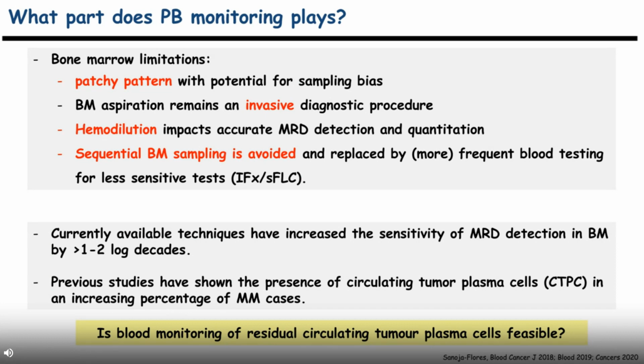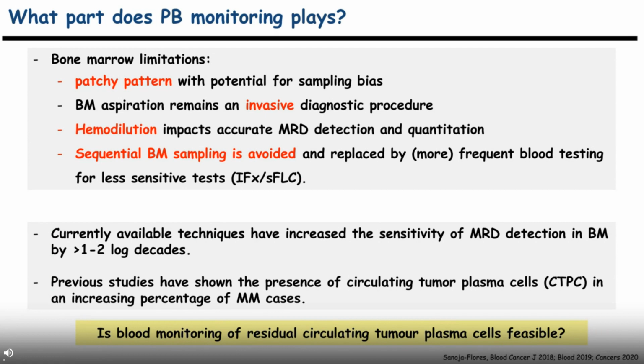We know that bone marrow MRD monitoring has some limitations. Patchy patterns of bone marrow infiltration in patients with multiple myeloma may be associated with sampling bias. Bone marrow aspiration is an invasive and painful procedure, and the quality of samples may be affected by hemodilution and not allow for an accurate determination of the tumor cell load.